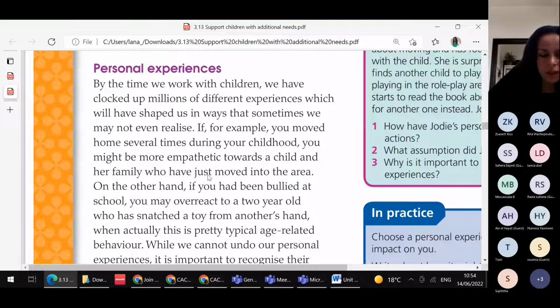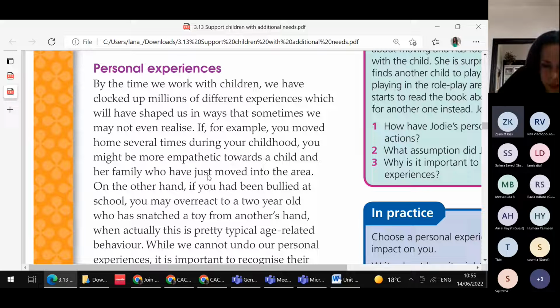So you might be more empathetic towards the child whose family moved so many times to too many areas. Because for me, if I moved from so many areas, I lost so many friends, I lost so many things I liked in every one of these countries. So I feel sorry for this child. I will be more empathetic towards them and their family and the way they moved so many times.